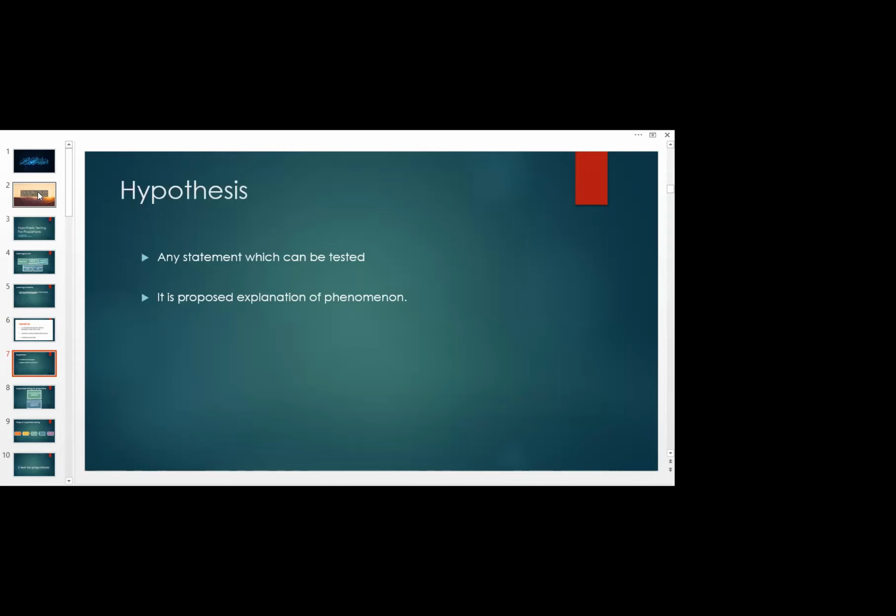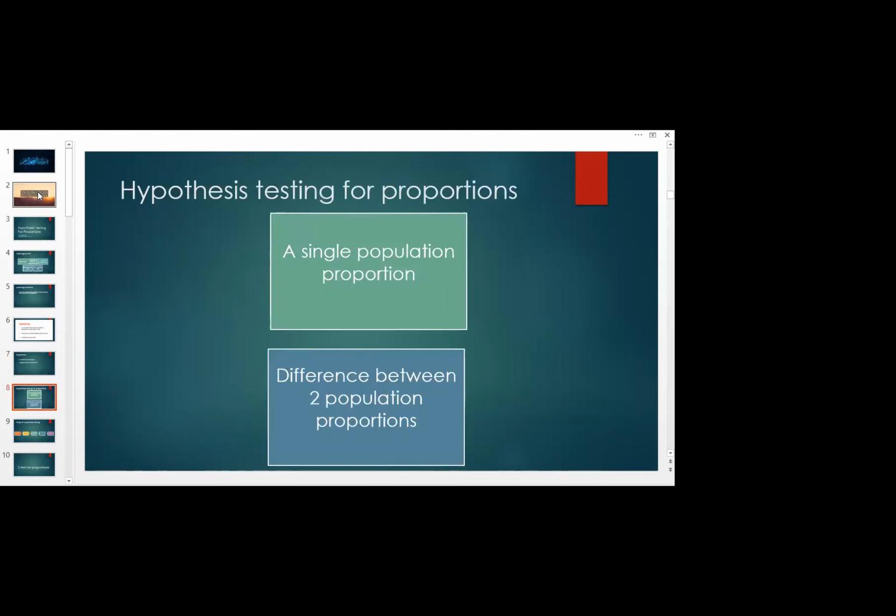Now, what is hypothesis? Hypothesis is any statement which can be tested. It is a proposed explanation of any phenomena of interest. Now, hypothesis testing for proportions: there can be a situation when we test for a single population proportion. We take a sample and compare it with known reference values.